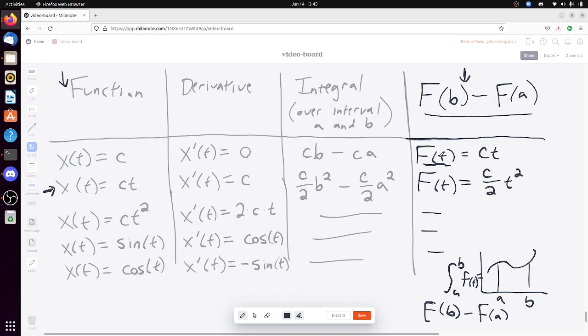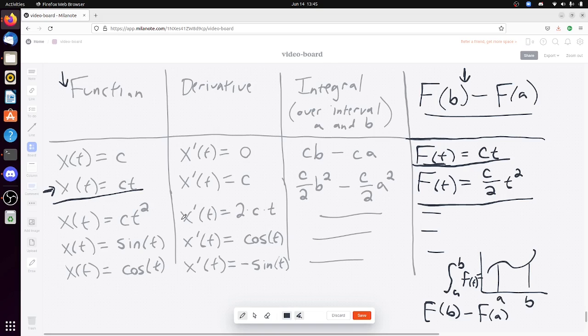That's what we're looking at here: this function F of t and how it's related to this function. Let's try that again. If we go here for a polynomial, we have c over 2 t squared, and if we look at that, the reason is, this is almost the same.